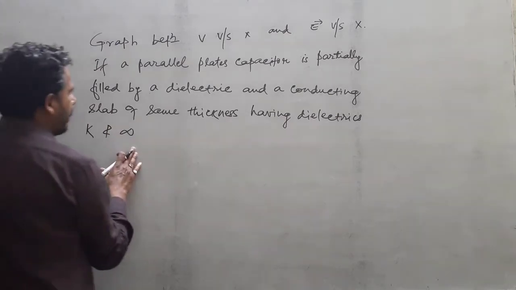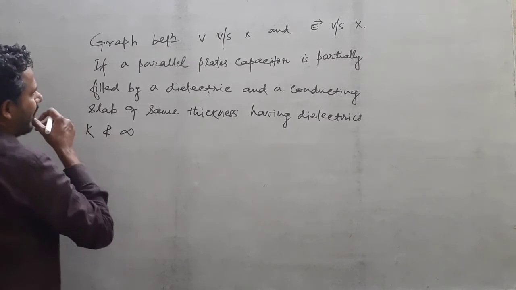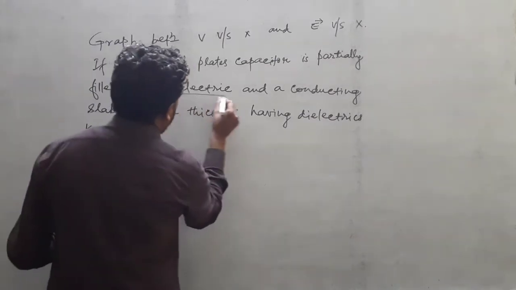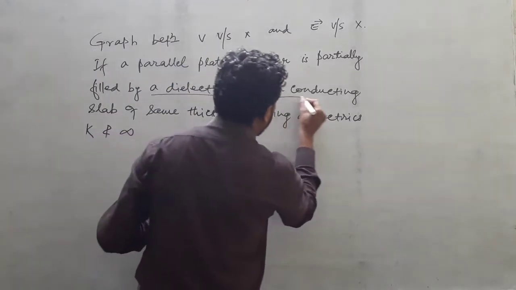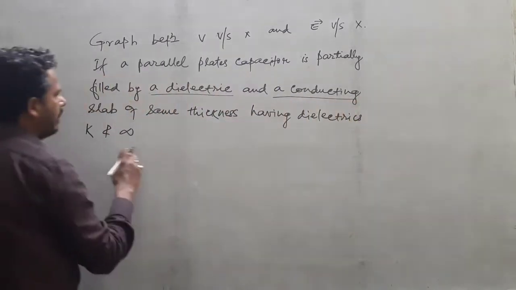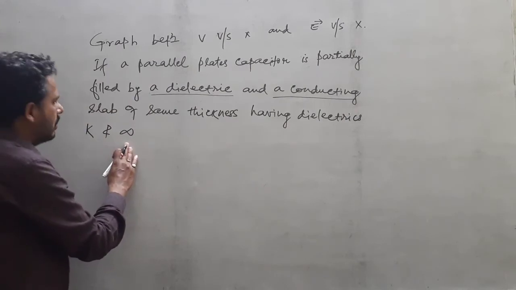Why is K and infinite? Because a dielectric having dielectric constant K and a conducting slab, this slab having dielectric constant infinite.